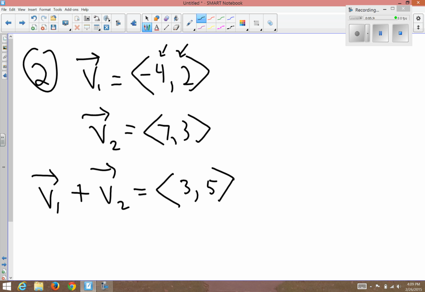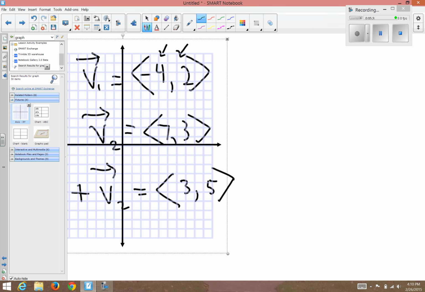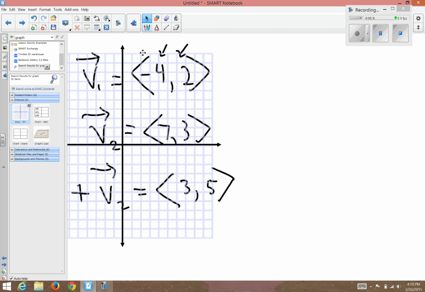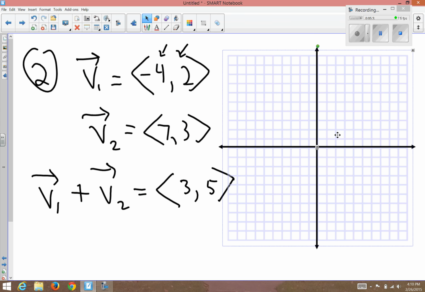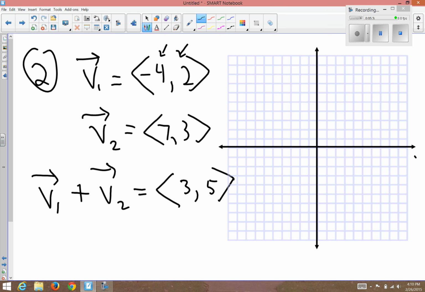One thing that you want to know is what this all means, so we're going to look at a picture. -4, 2: 1, 2, 3, 4, 2. This is vector v1. 7, 3: 1, 2, 3, 4, 5, 6, 7, 1, 2, 3.